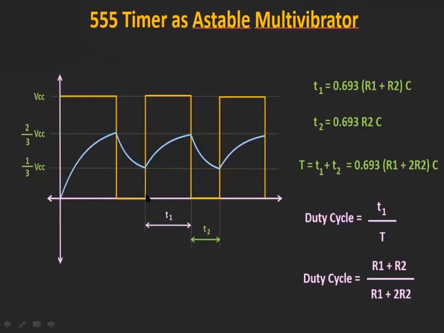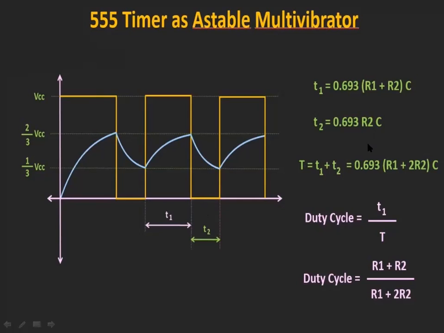Because of that, the time period T1 is more when compared with time period T2. For discharging, we have only R2 resistance, which is very low when compared to R1 plus R2. Because of that, the discharging time period is low. So here you can see it is an asymmetrical waveform.